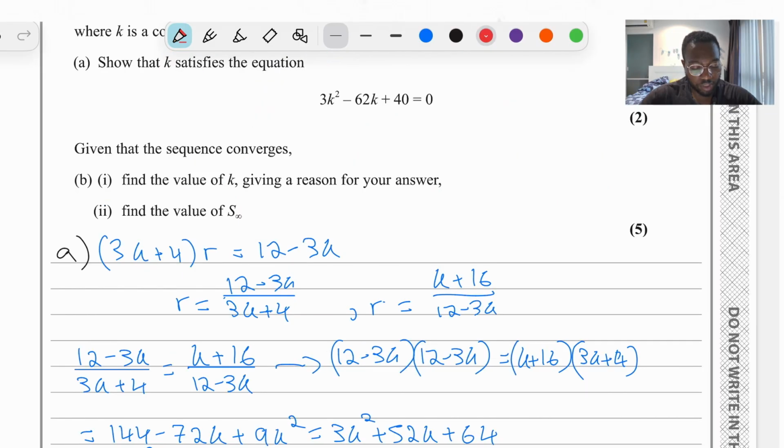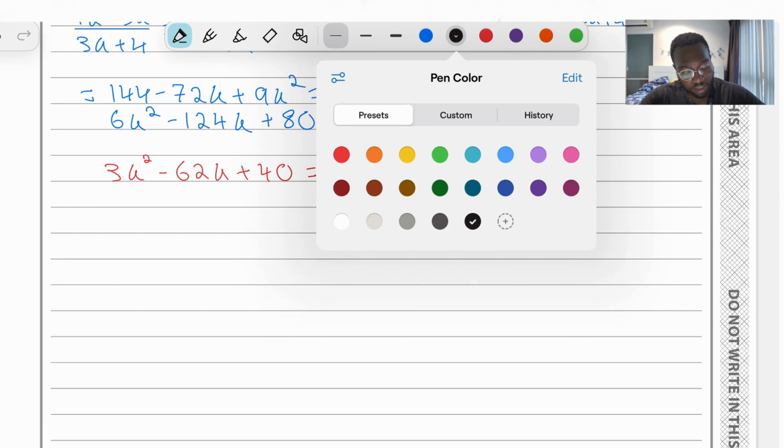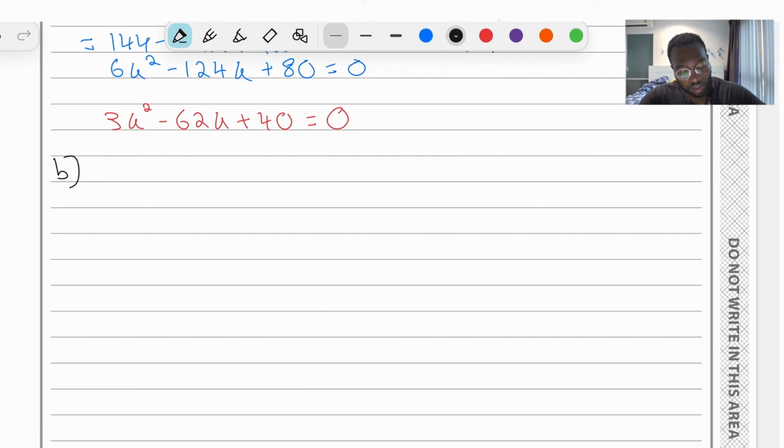So for part B, we are told that the sequence converges. We look at the value of k, and then also find the value of the sum to infinity. So for this question, find the value of k. Well, we know the sequence converges, so we know that the modulus of r has to be less than 1, okay?